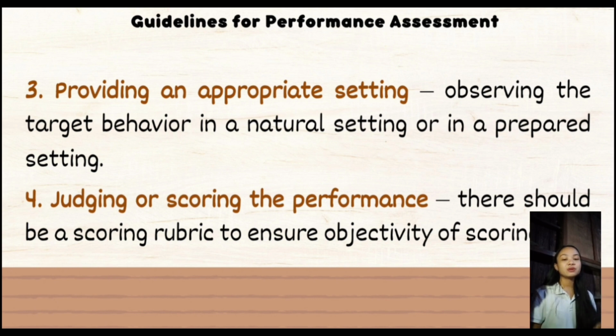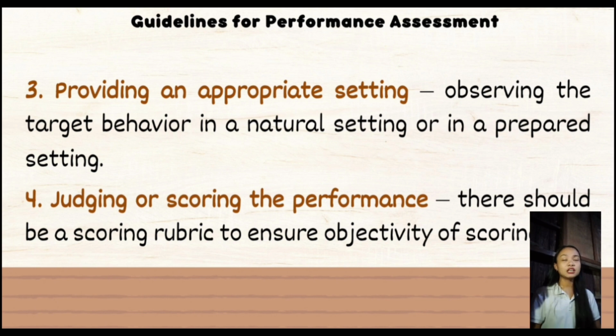It could be in a series or more than one performance. Now, that's for providing an appropriate setting. Lastly is judging or scoring the performance. There should be a scoring rubric to ensure objectivity of scoring. Of course, the performance should have a rubric.